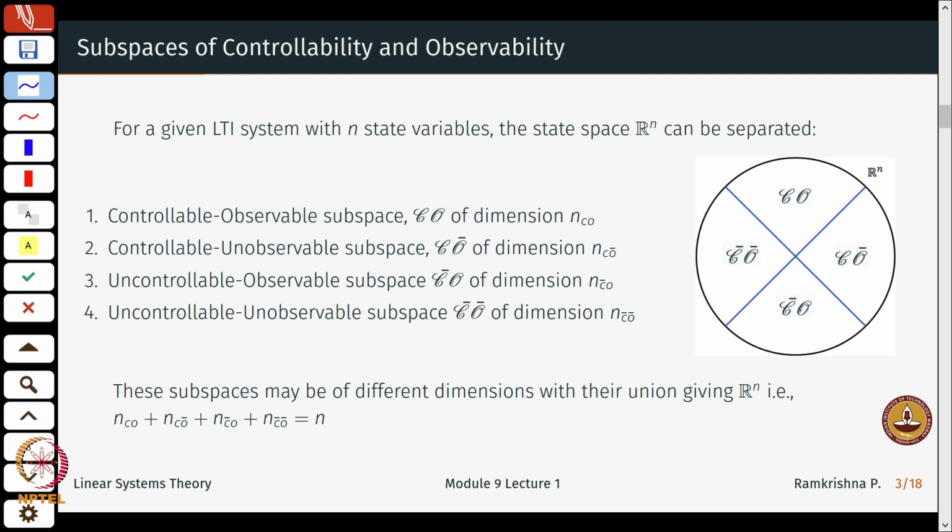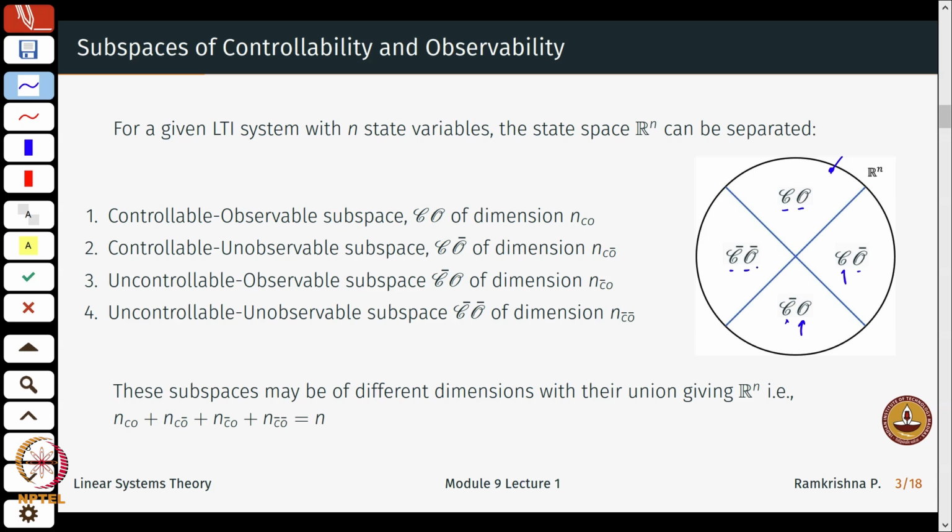So we could have a system which has modes that are both controllable and observable. A part of the system could be controllable but not observable. Similarly, a part of the system could be observable but not controllable, and there could be a part of the system which is neither controllable nor observable.